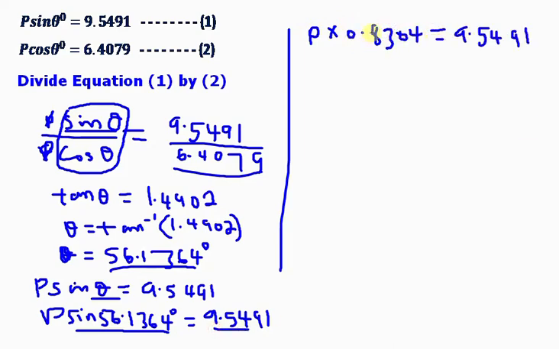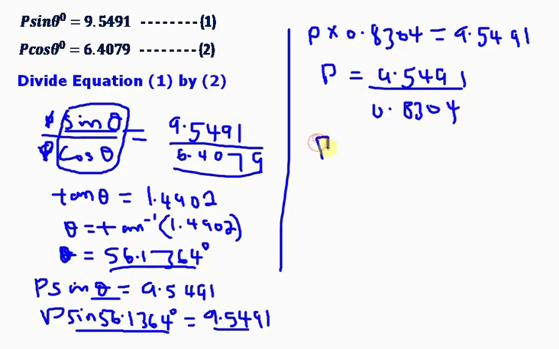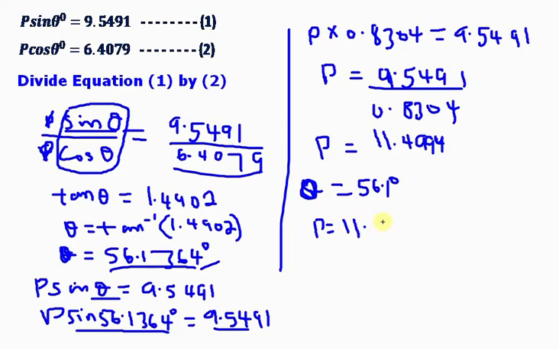Divide both sides by 0.8304. So P equals 9.5491 all over 0.8304. P equals 11.4994. Approximating these values to one decimal place, your theta would be 56.1 degrees, and P to one decimal place is 11.5 Newton.